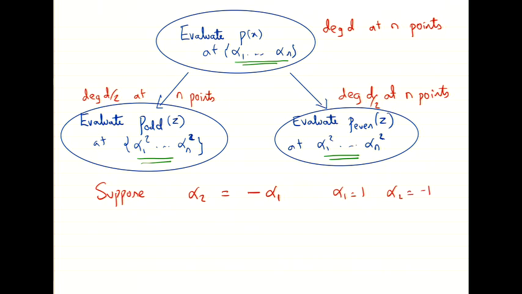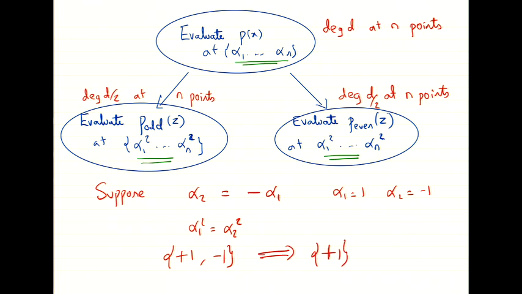In this case, if you look at their squares, when you square the two numbers, alpha 1 squared is equal to alpha 2 squared. Right? So, in particular, if you start with the set plus 1 and minus 1, and you square both the numbers, you'll end up with just one number, plus 1.